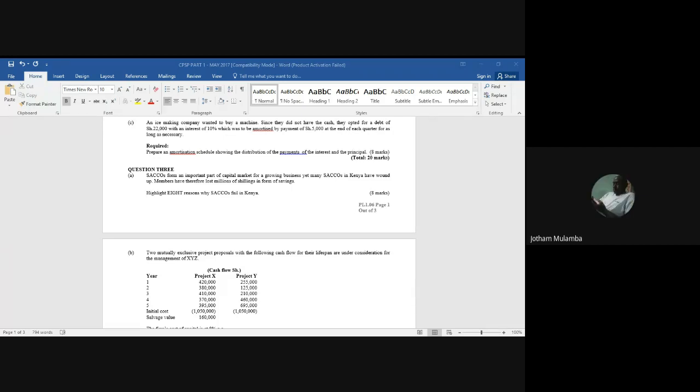We have seen scenarios where SACCOs are made, but the initiators of the SACCO have their own interests. So in that case, they don't manage appropriately. Or we have seen scenarios where there are wrangles within the management, over who should make which decision or who supports who. So in that case, it makes the SACCO not perform effectively.